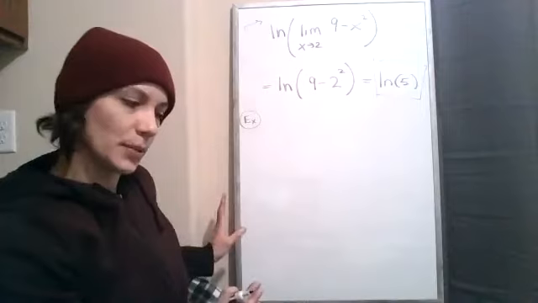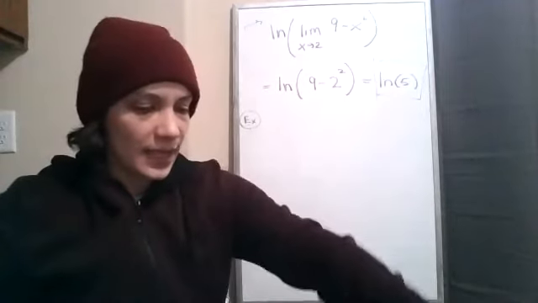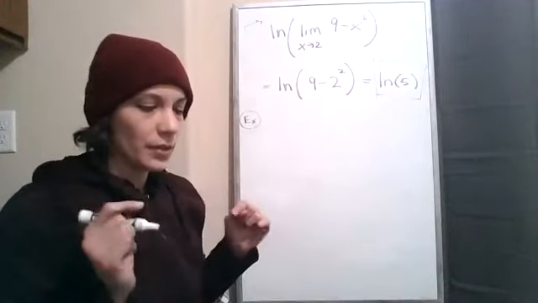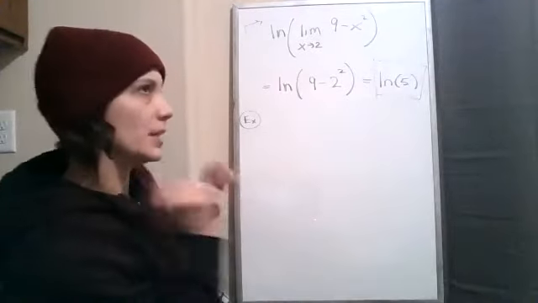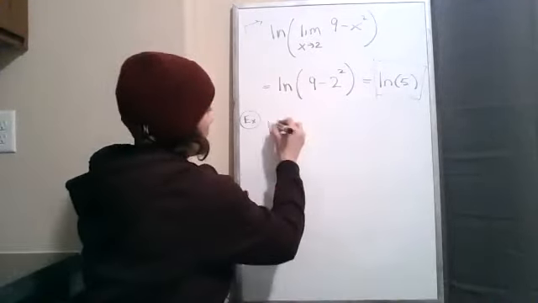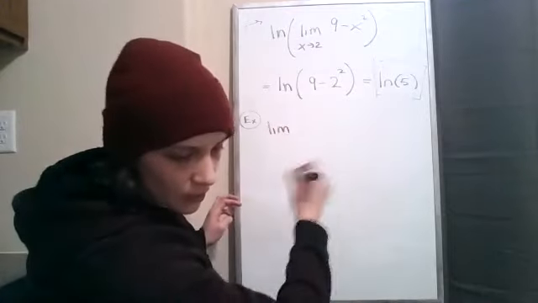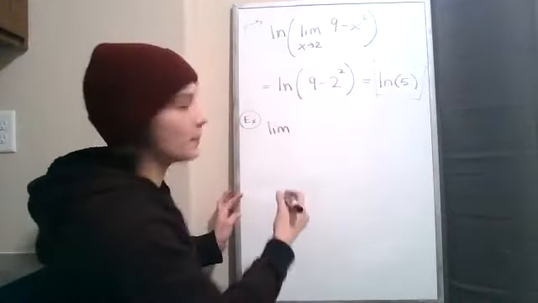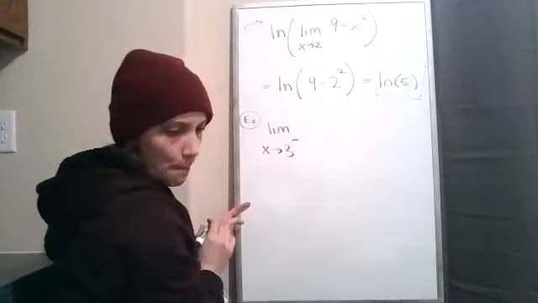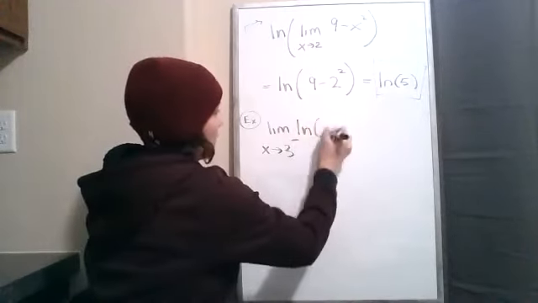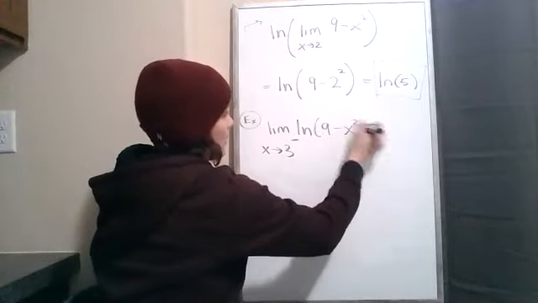Okay, next example. Limit as x goes to, well, this one's a little interesting. So we're going to 3 from the left. Wait, minus sign. Minus sign is from the right. x goes to 3 of ln of 9 minus x squared.